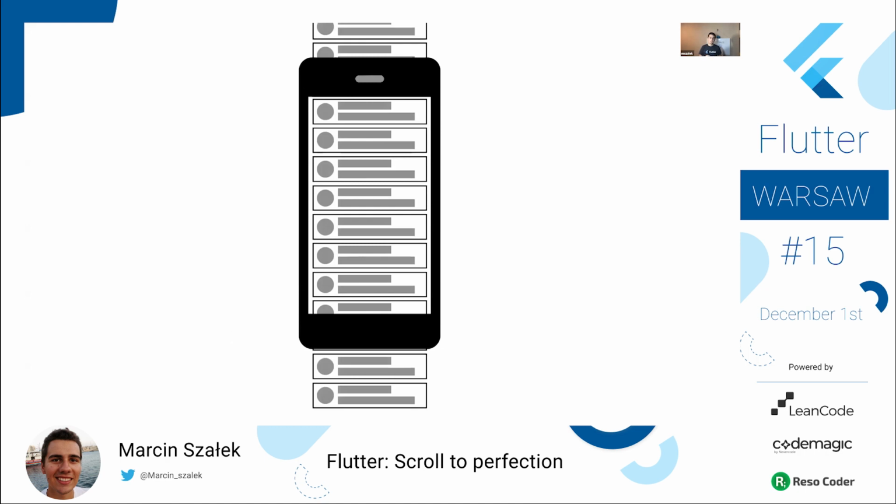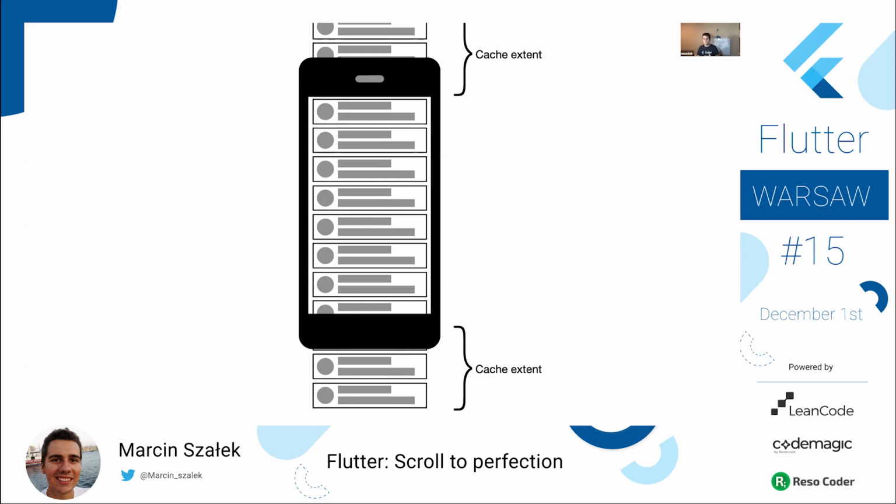Flutter will also render a few widgets below and above what is currently visible. This is called cache extent. And the reason for that is that Flutter wants to have those widgets below and above rendered so that if the user scrolls quickly, we already have something to show. So it makes the whole animation smooth.